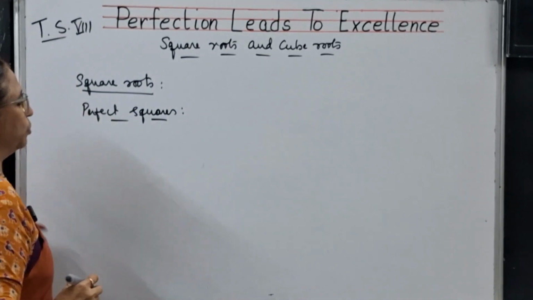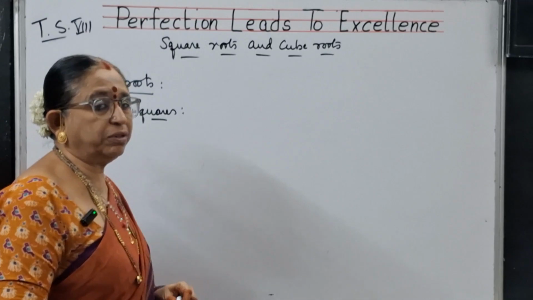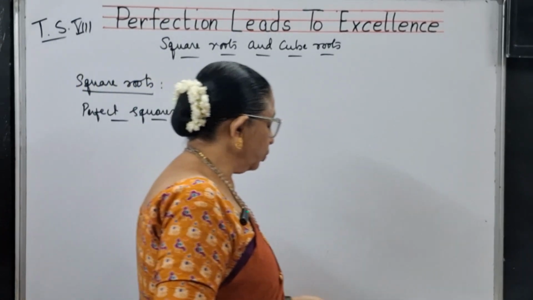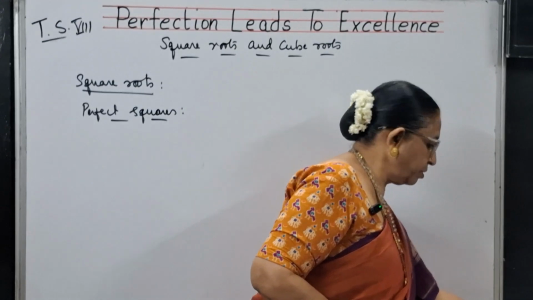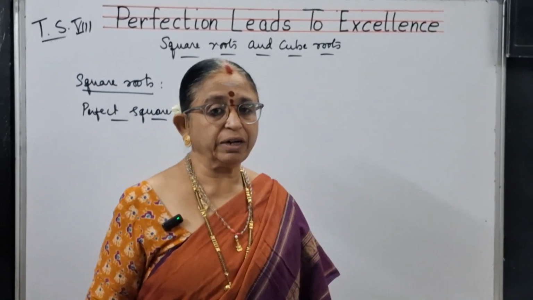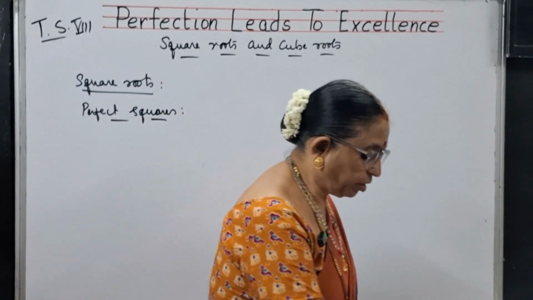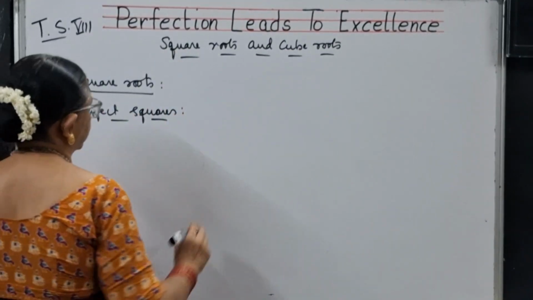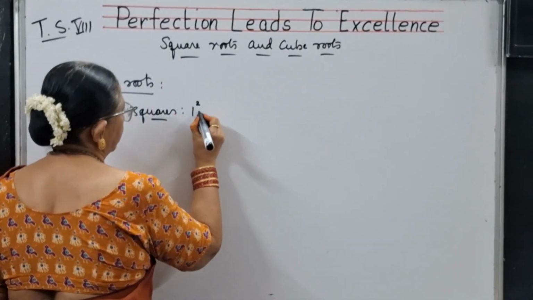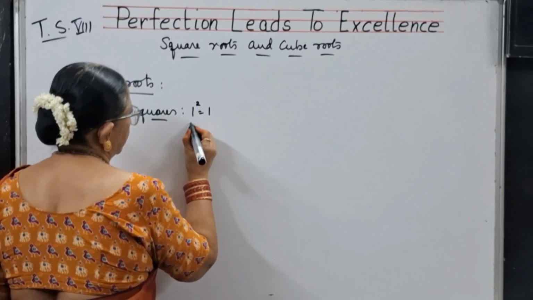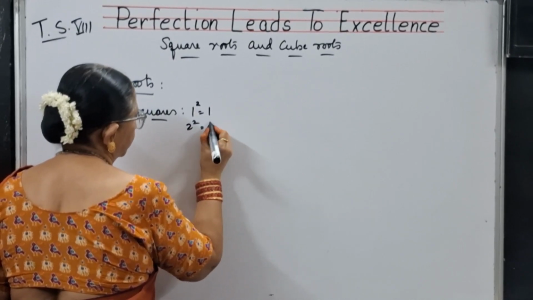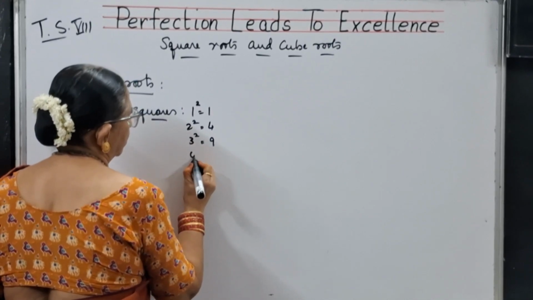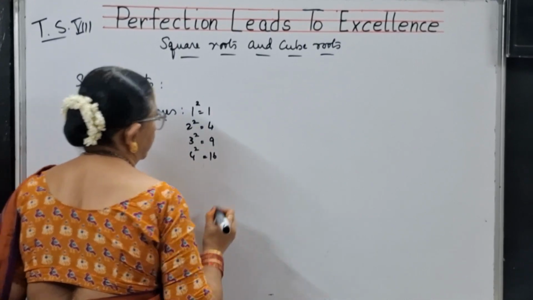Perfect squares are those numbers which are the product of two same numbers. That means, see, perfect squares like 1 square is 1, 2 square is 4, 3 square is 9, 4 square is 16.